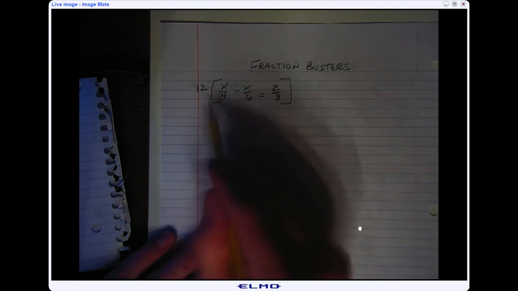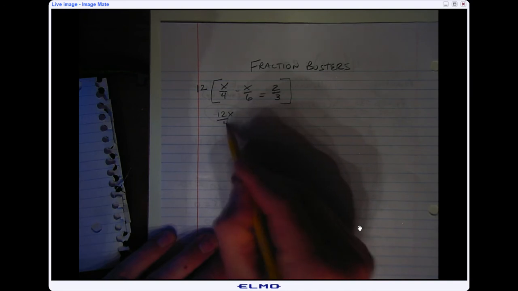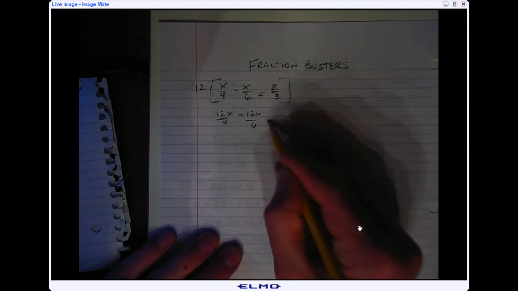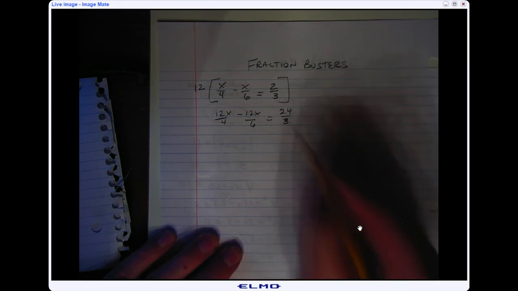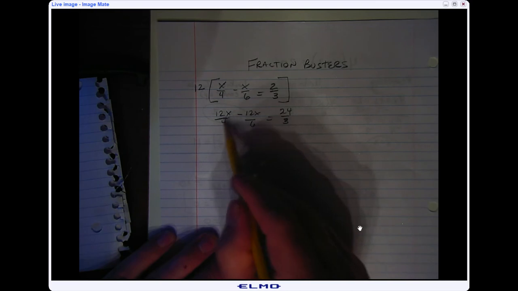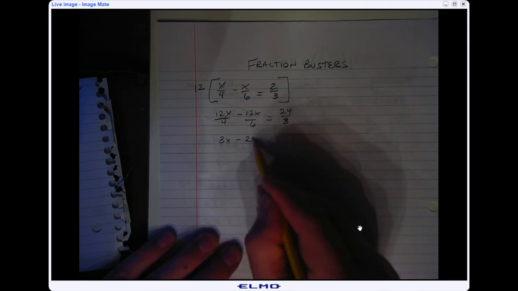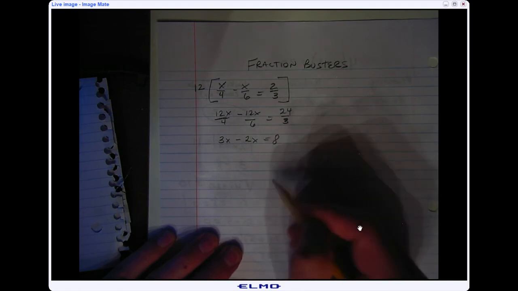When I do that, this would be 12x over 4 minus 12x over 6 equals 24 over 3. Now if I do the math, 12x divided by 4 is 3x, negative 12x divided by 6 is negative 2x, and 24 divided by 3 is 8.